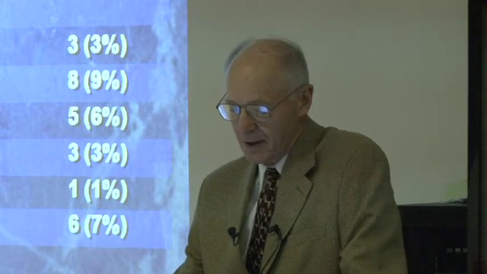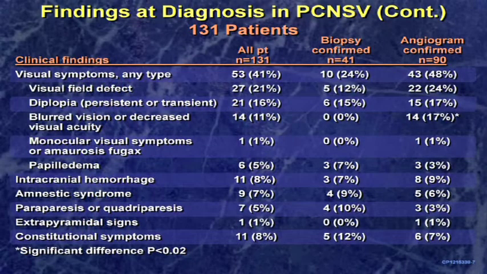Then further symptoms in these 131 patients: visual symptoms are pretty common. There can be a variety of things: visual deficit, diplopia, blurred vision, even ischemic optic neuropathy. Intracranial hemorrhages, which can occur, are perhaps a little bit more common in the vasoconstriction syndrome, but could, as you might expect, happen in all forms of vasculitis too.